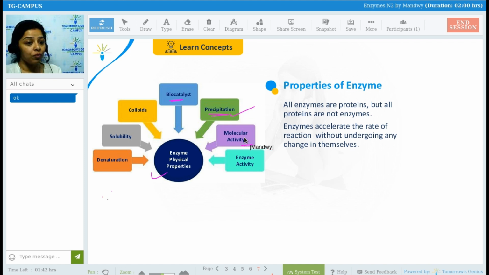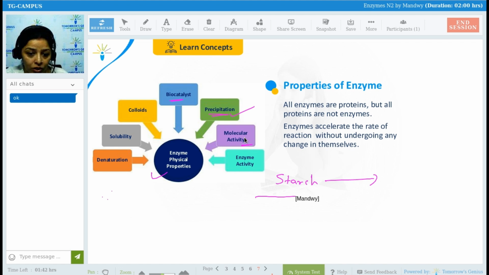Molecular activity. What is molecular activity? The activities inside the molecule. Yes, suppose you have the carbohydrate starch. If you add amylase, what will happen?